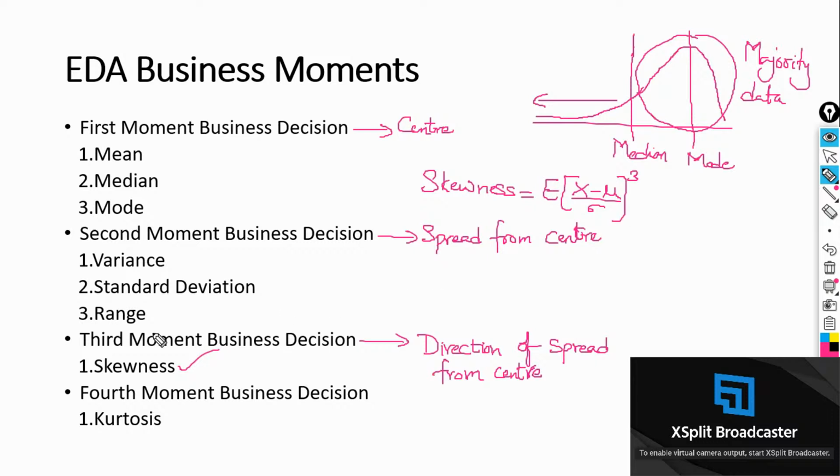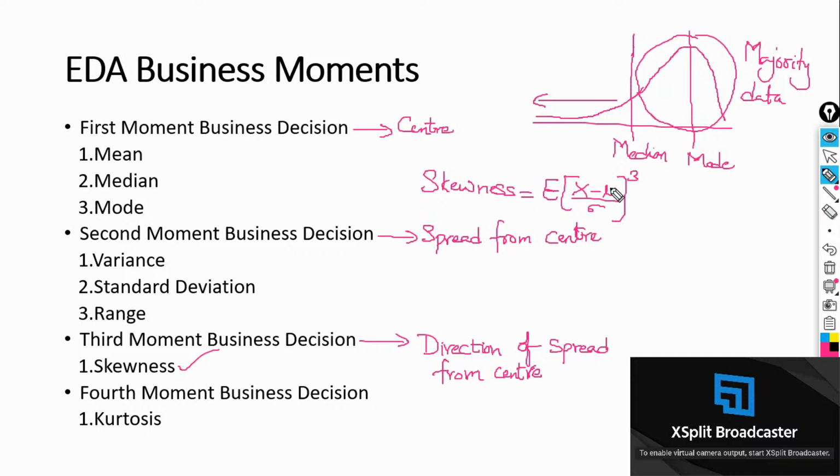Since it is the third moment business decision, make sure the power will be 3. Right? So this is not summation, guys. This is the expected value. I hope you are aware of the expected value concept. So, expected value of x minus mu by sigma.